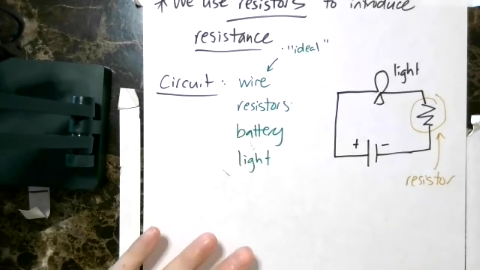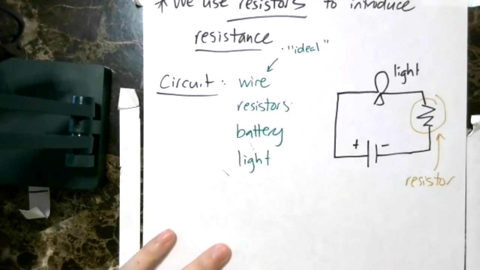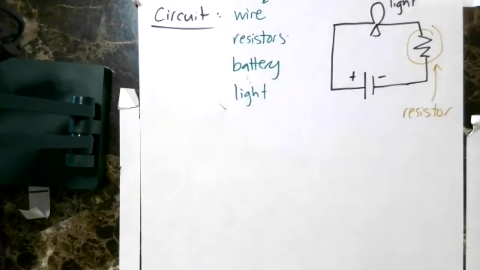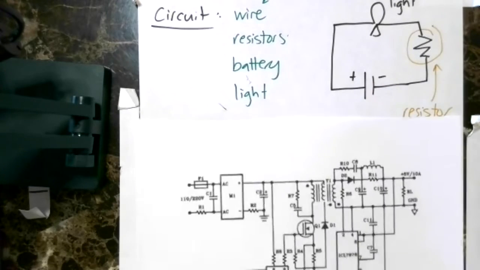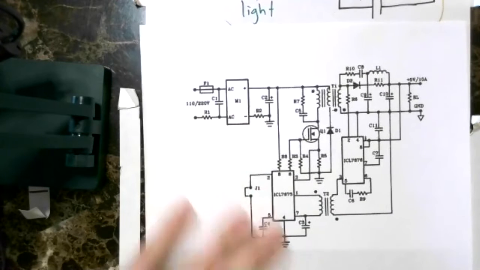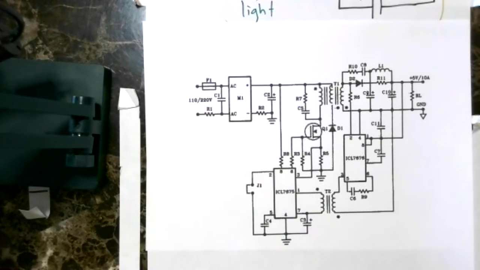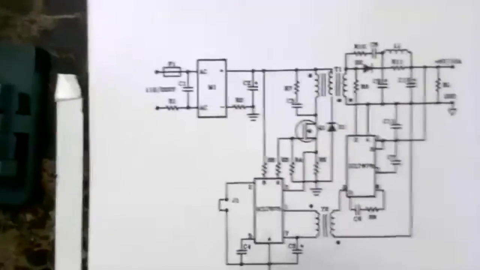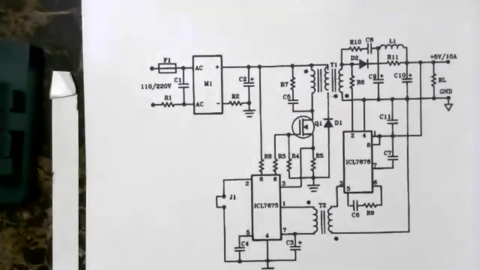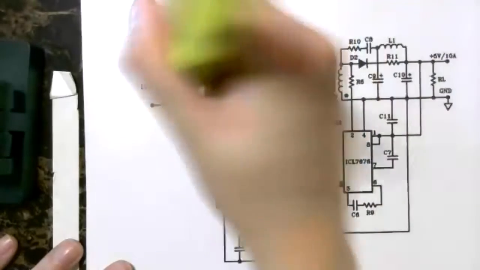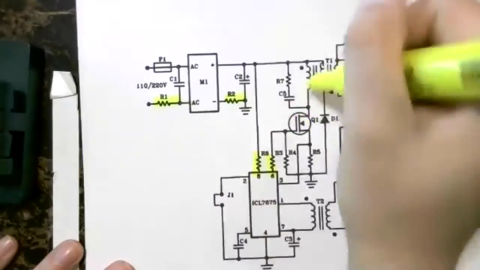But again, let's look back at one of those complicated circuits. So here's my nice little simple one. Let's look back again at this one. You can see in certain places, focus. Yes, good focus. You can actually go and see resistor, resistor, resistor, resistor, resistor.